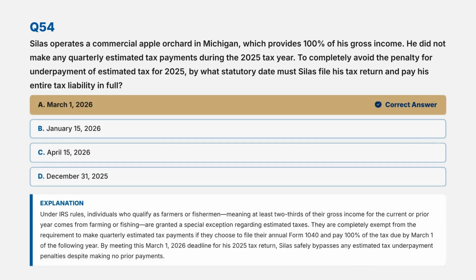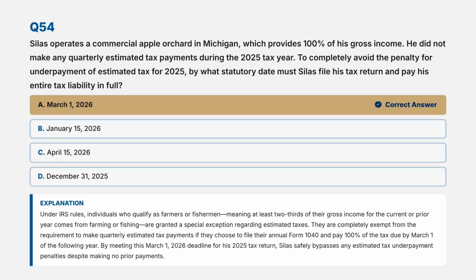Under IRS rules, individuals who qualify as farmers or fishermen, meaning at least two-thirds of their gross income for the current or prior year comes from farming or fishing, are granted a special exception regarding estimated taxes. They are completely exempt from the requirement to make quarterly estimated tax payments if they choose to file their annual Form 1040 and pay 100% of the tax due by March 1st of the following year.